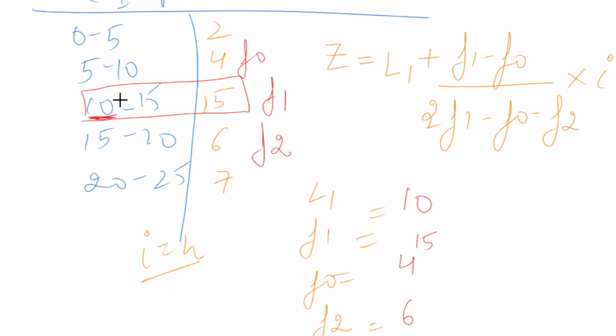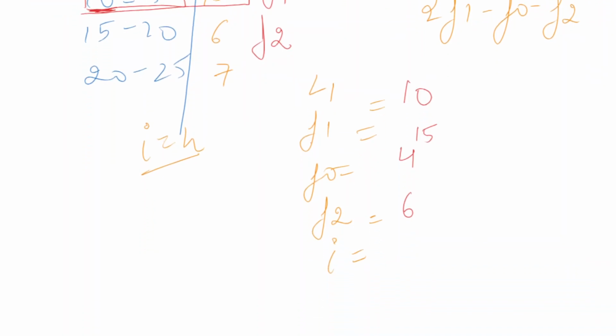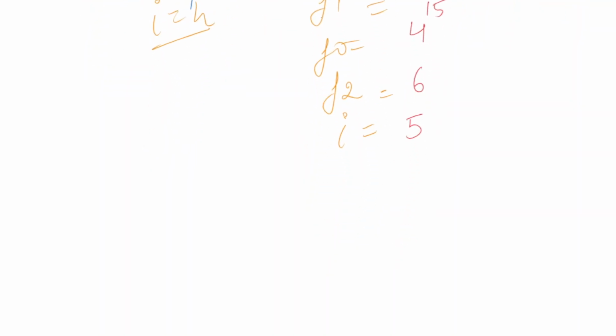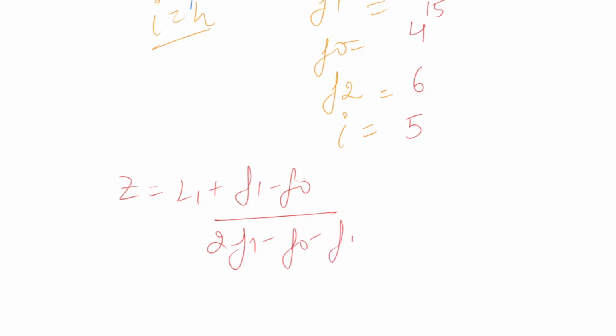Now i is the difference between these two, that is 15 minus 10, which is 5. Just plug it into the formula. I am writing the formula again once: L1 plus (f1 minus f0) divided by (2f1 minus f0 minus f2) into i. Let's start plugging in the values.